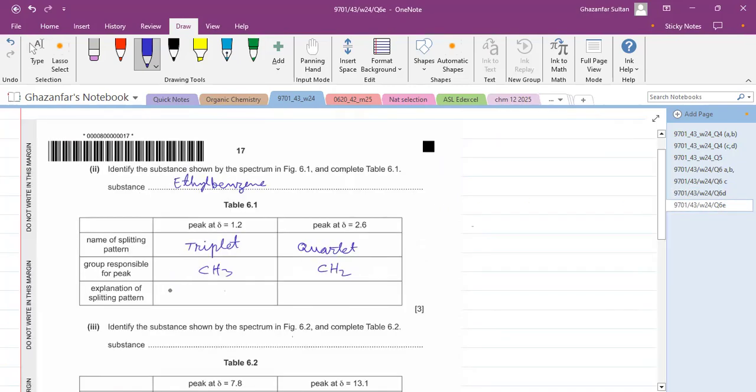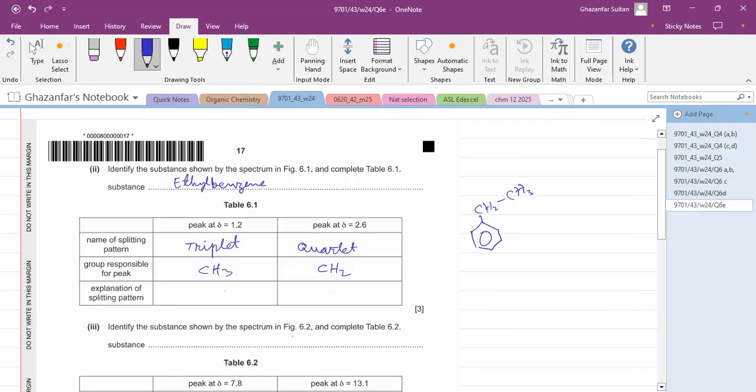And the explanation of the splitting pattern. Why? Because the neighbor has 2 hydrogen atoms in ethyl benzene. So one signal is split into 3 peaks, a triplet, because of the neighbor hydrogen atoms.